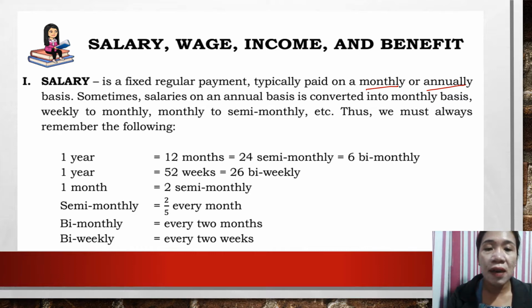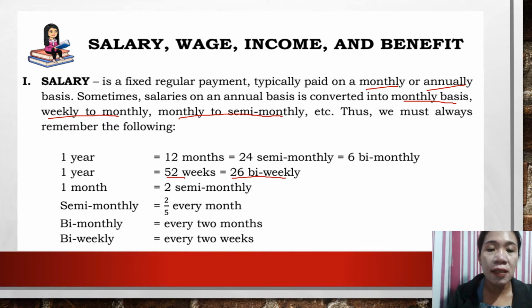Sometimes salary on an annual basis is converted into monthly basis, weekly to monthly, monthly to semi-monthly, etc. Thus, we must always remember the following: 1 year is 12 months, or it is also equal to 24 semi-monthly or 6 bi-monthly. Again, it can also be that 1 year is 52 weeks or 26 bi-weekly.